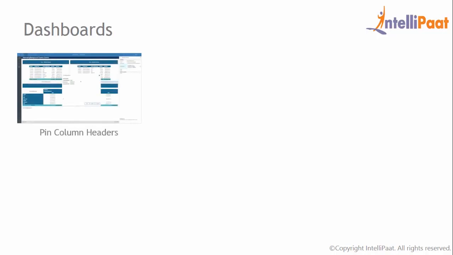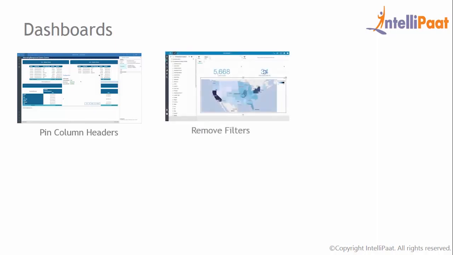Several new features have been added to dashboarding to make it even easier to interact with your data. Some of the following features include pin column headers. When viewing the data in crosstabs or a grid, column headers such as the row and column are now pinned automatically for simpler viewing. Remove filters.